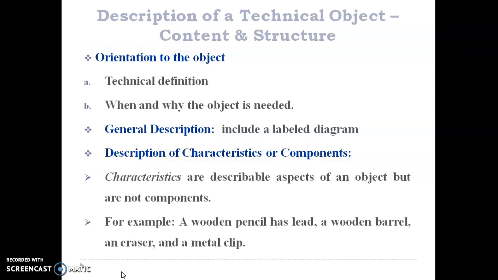So for characteristics, you can just talk about the special features that particular object has, and then you go on describing each component separately. When you are describing a component, there is certain information we need to provide.